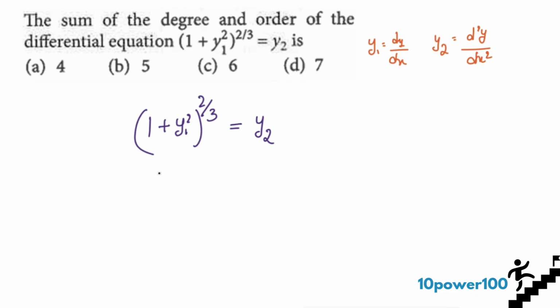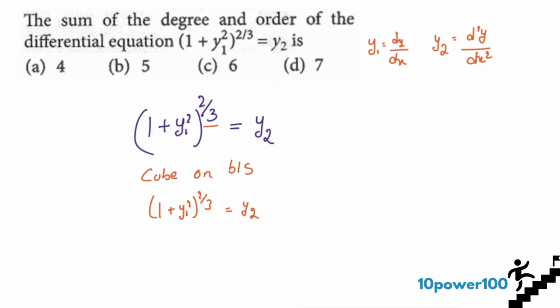Now if you observe carefully, we have 2 by 3 there, right? Now if you take cube on both sides, like how you do square on both sides, 1 plus y1 square the whole power 2 by 3 is equal to y2.